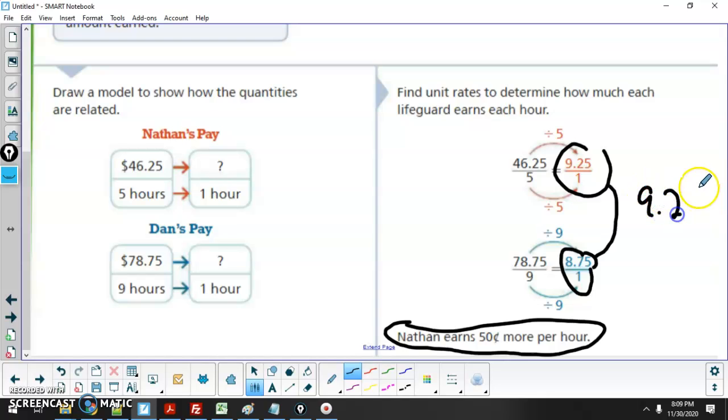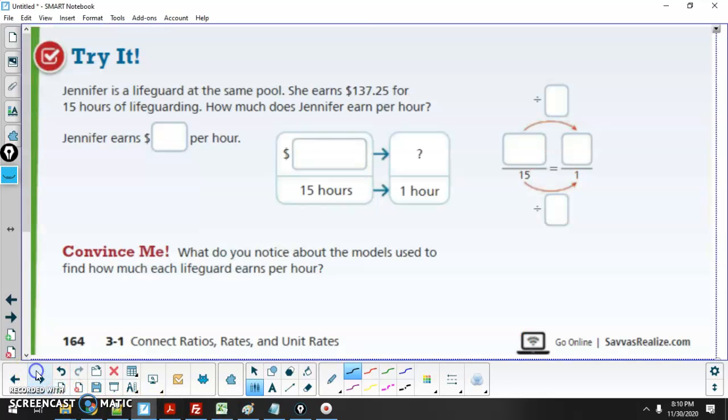So after you have unit rates, you can compare them, provided that the units are the same, of course. Here we're comparing dollars to hours by subtracting. So you subtract these and you get 50 cents different, or half a dollar.